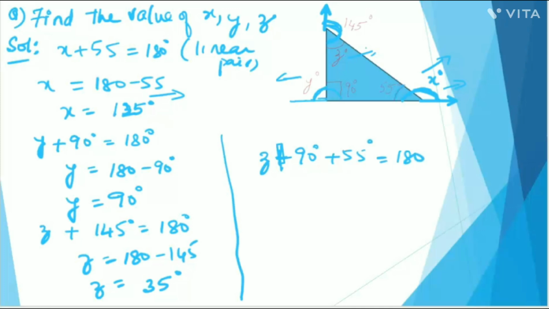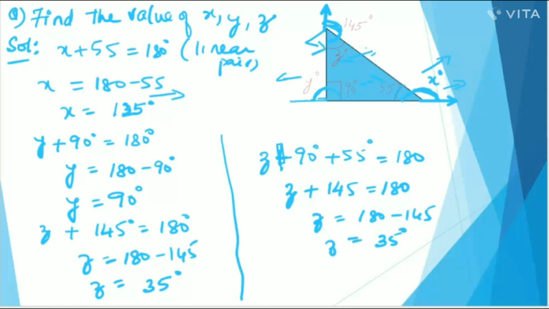I am using this triangle. 90 plus 55 is 145, so z plus 145 is equal to 180. z is equal to 180 minus 145, which is 35. We will get the same answer whether you solve like this or by using the sum of the triangle formula.